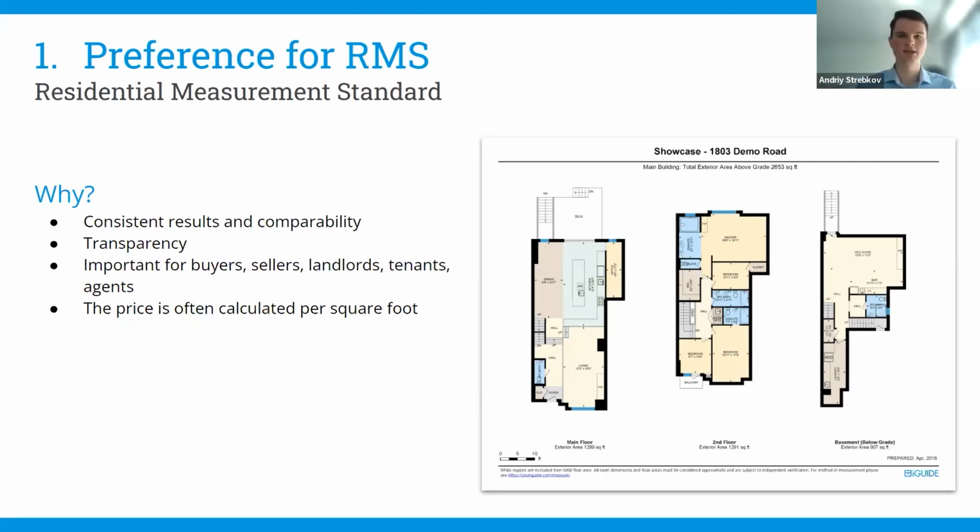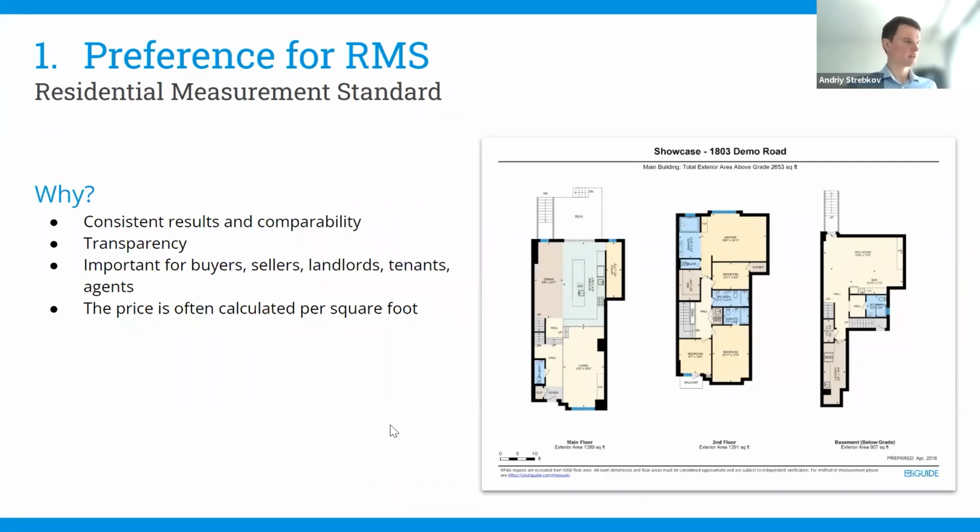It's quite common outside of North America, and sometimes immigrants might apply the same approach here in Canada. And again, if you have consistent, accurate square footage measurements, it allows you to calculate this price per square foot. So it's a very convenient approach and makes it easier for everybody.